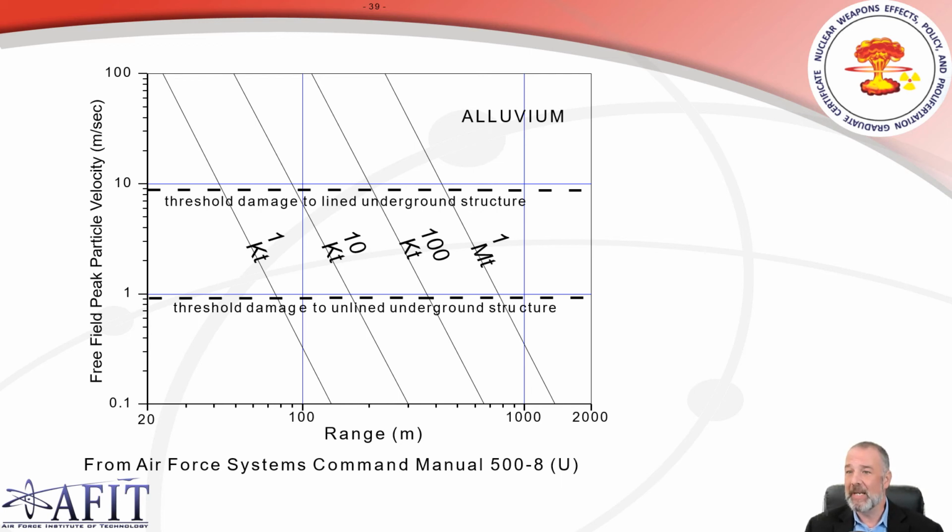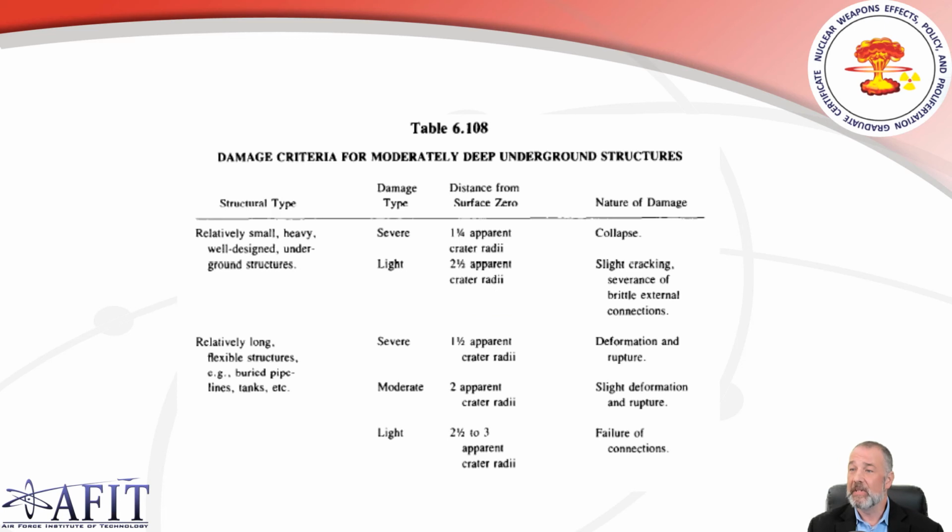A real simple way of finding out whether or not there would be some kind of damage, moderate, light, severe, which we can see on this last slide here, looking at table 6.108, and there's another table that's not just for structures, but for machinery and things of that nature. It's very similar to what we saw when talking about air blast. So in this particular case, for this one structural type, which you could think of as a reinforced structure, small, heavy, well-designed, reliable, this would be something like a nuclear bunker, if you will.